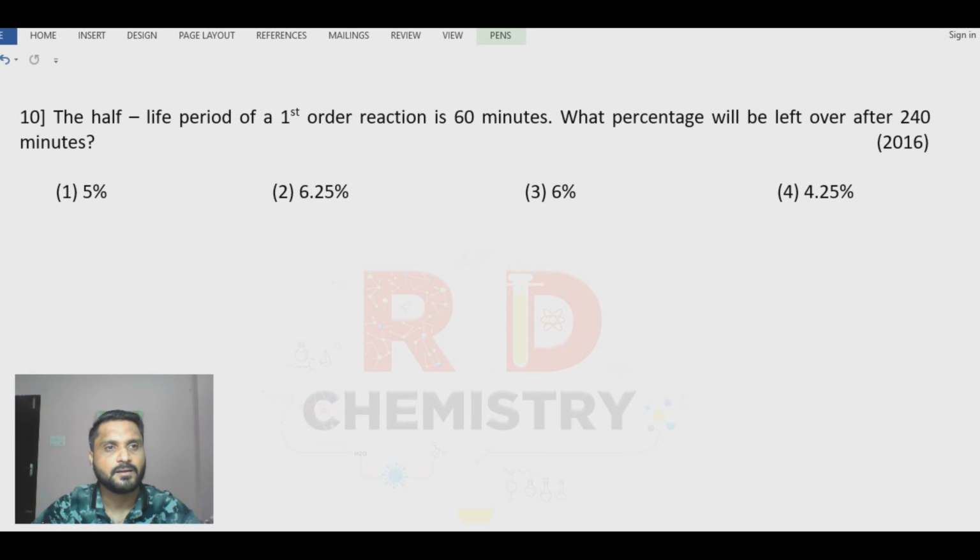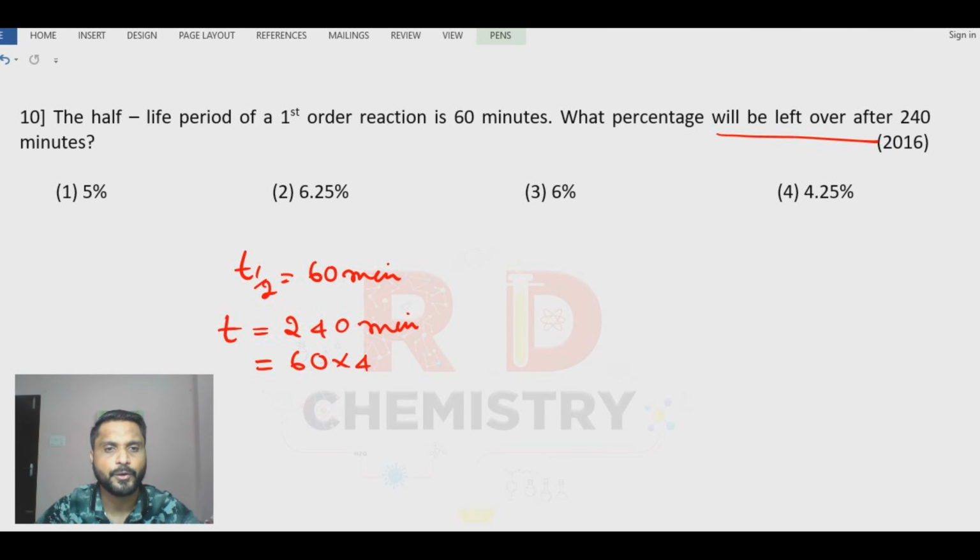Question number 10. The half-life of the first order reaction is given, T half is equal to 60 minutes. What is the percentage left over after 240 minutes? Time interval given is equal to 240 minutes. Now convert this into number of half-lives, which is 60 into 4 minutes, correct? Therefore, there are 4 half-lives, so n value is equal to 4.